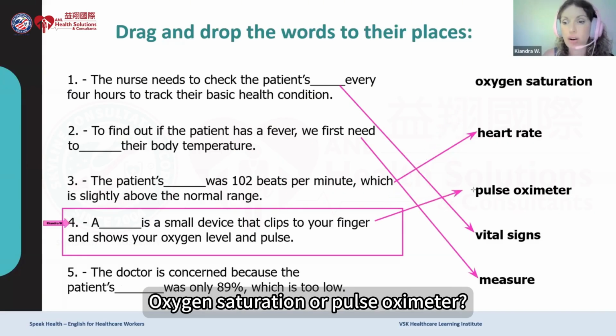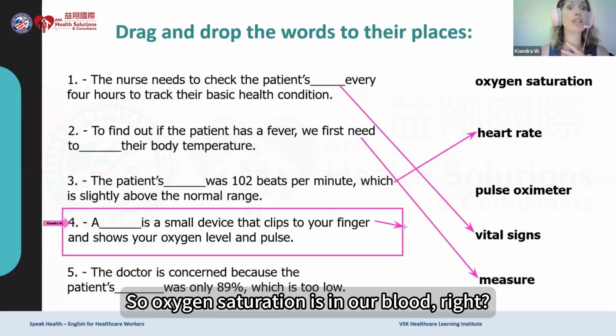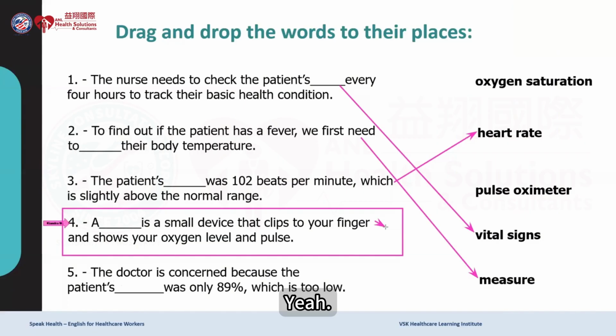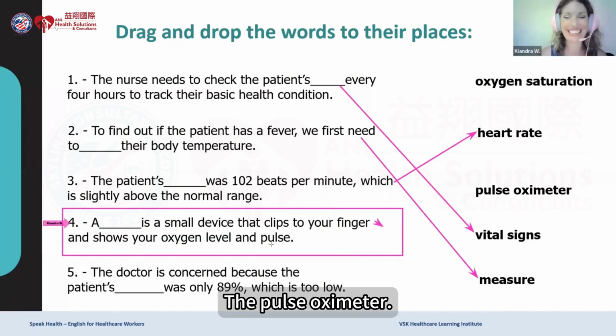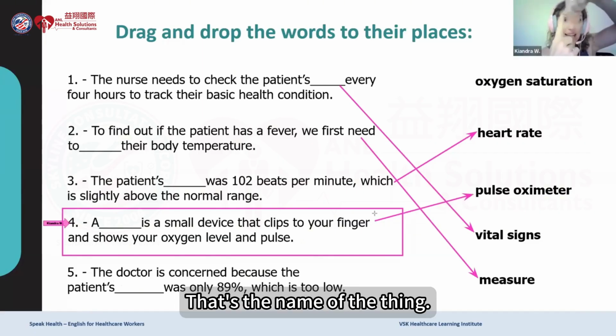Oxygen saturation or pulse oximeter? Oxygen saturation. So oxygen saturation is in our blood, right? Of the pulse oximeter. Exactly. That's the device. That's the name of the thing.